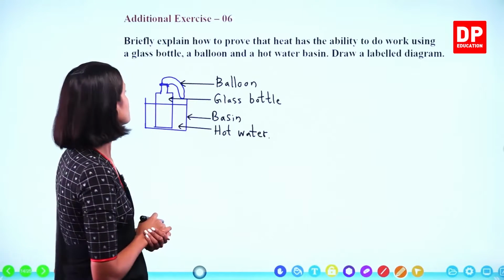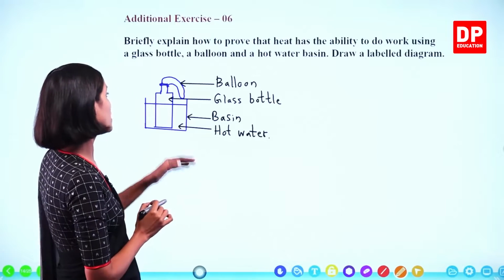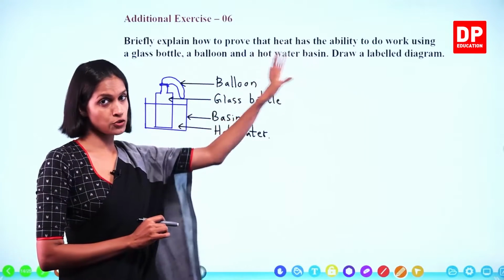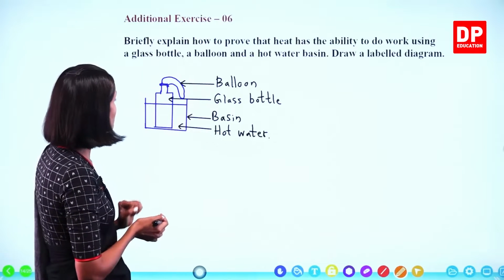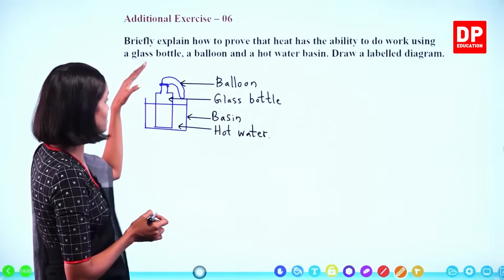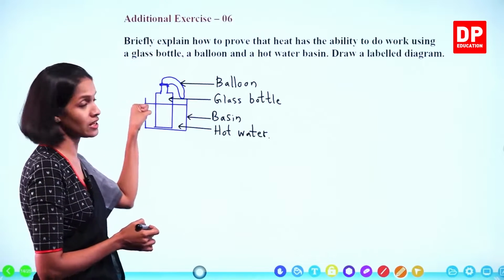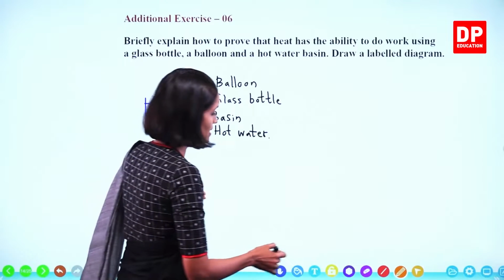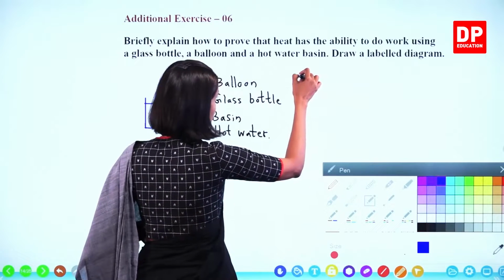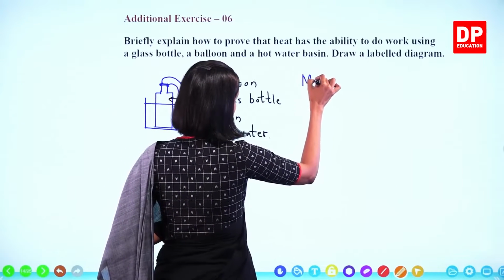Right, children? So how to do this activity? Now you have to prove that heat has the ability to do work using this setup, right? So we have to set the apparatus like this and then immerse the glass bottle in hot water, right? So we will write the steps now. We will write the method first.